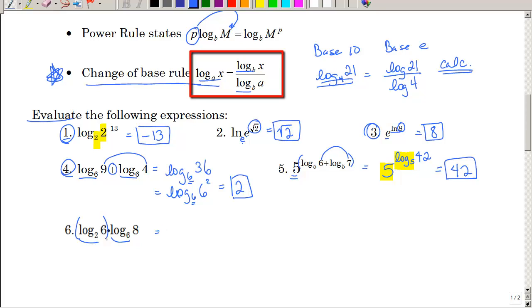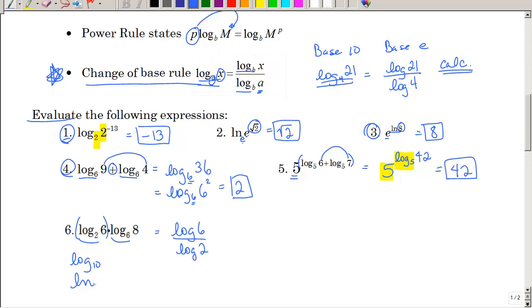If I write this using the change of base rule, it says I can put the log of x, so that would be the 6, over the log of the base, which would be a. Now when I just write log, that is implied to be base 10. We could have also just used the natural log, which is implied to be base e.